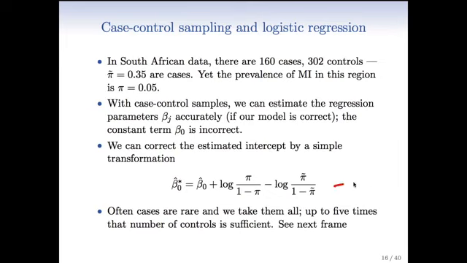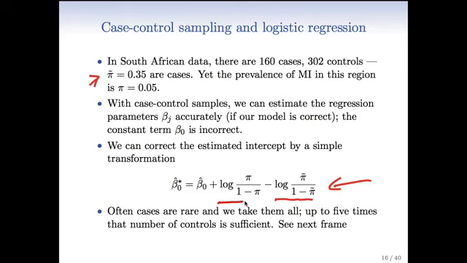And in fact, for those that are interested, I just give you the transformation. So pi tilde here is the apparent risk of heart disease, in this case, in our population, which is 0.35. And this is just the logit transformation of the prior apparent probability.